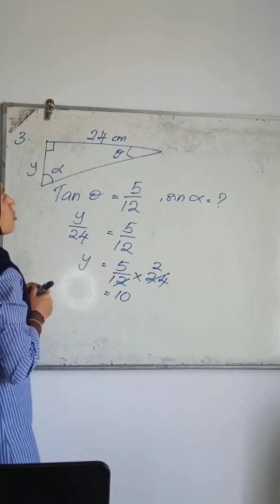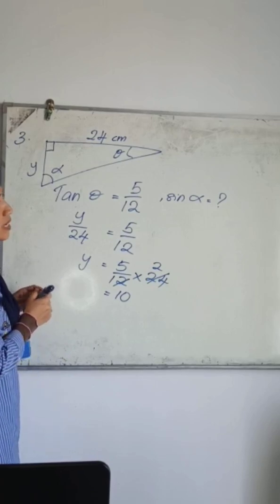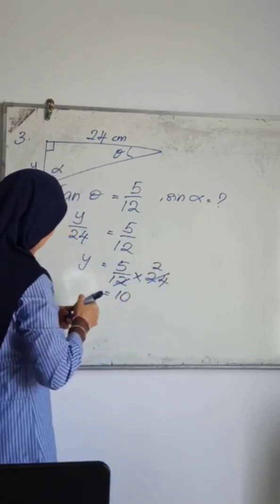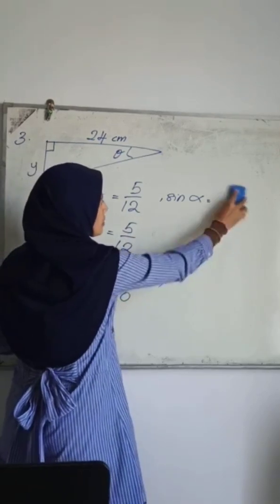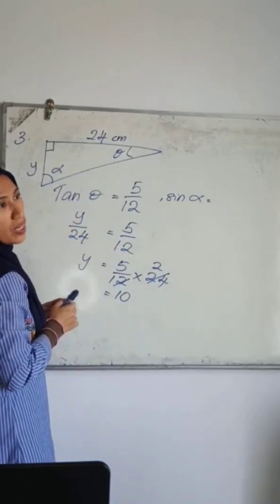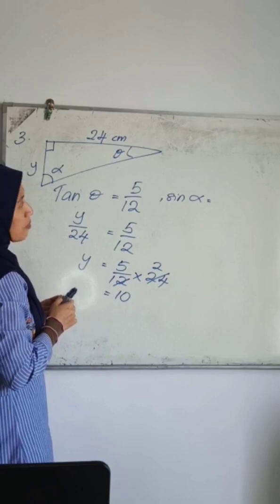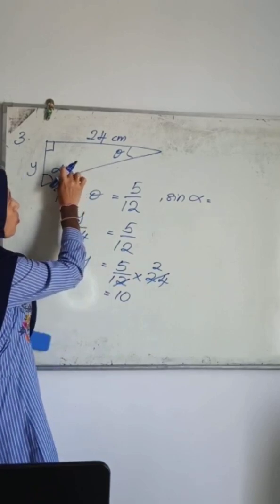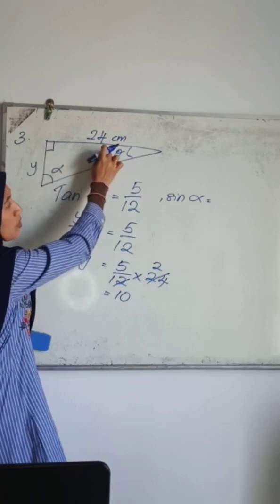To find the value of sine alpha, sine is opposite per hypotenuse. Alpha is here, so opposite is 24.